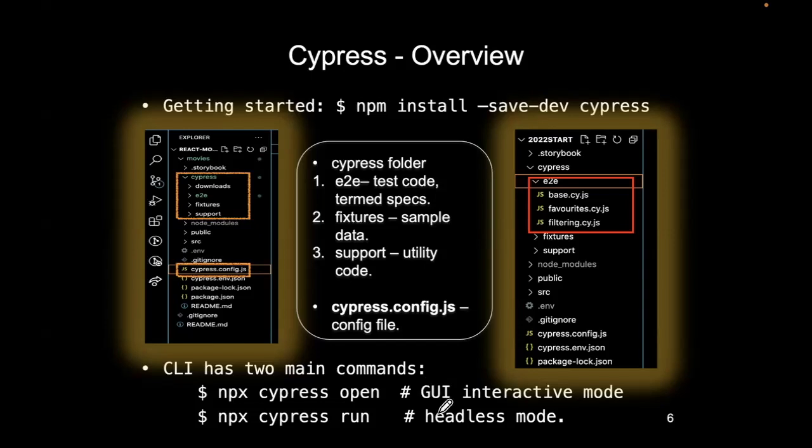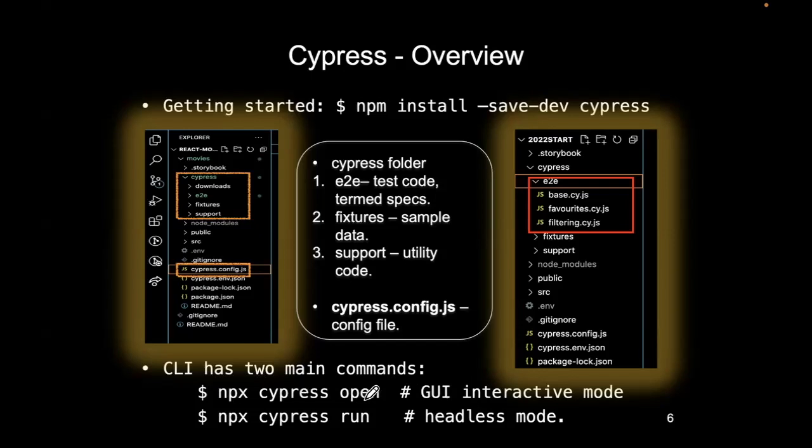The headless mode is particularly useful when you want to run your end-to-end tests as part of a CI/CD pipeline, and obviously that is very important to us. But initially, just to get familiar with Cypress, we're going to be using it in this GUI interactive mode. And so to start up the Cypress framework after you've installed it, this is the command.